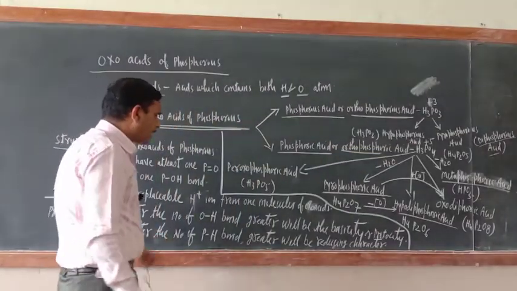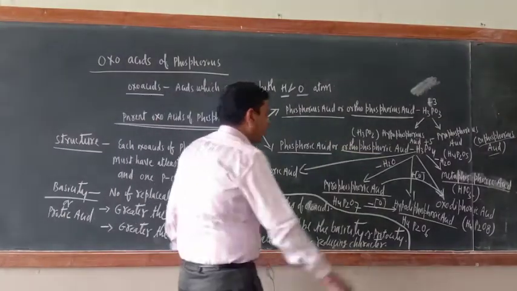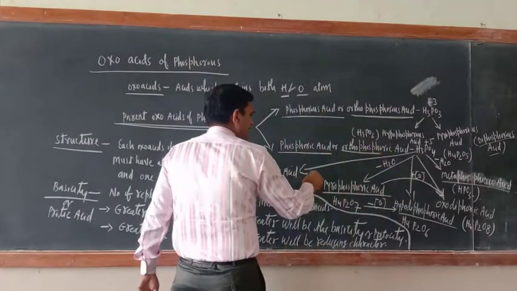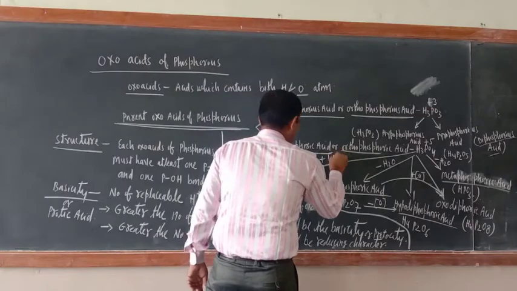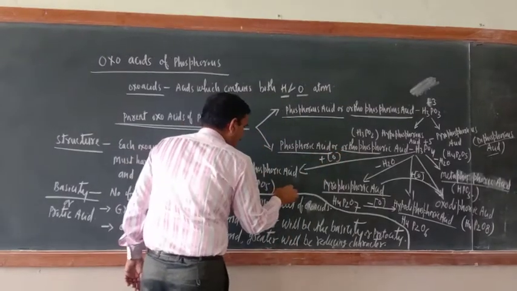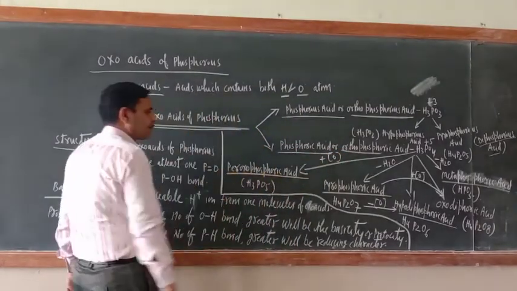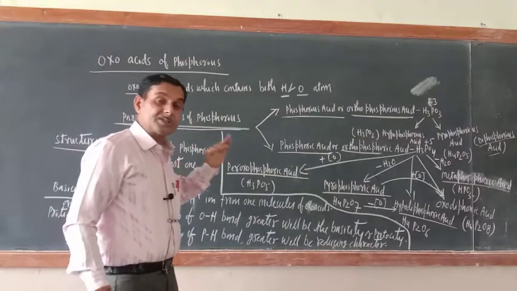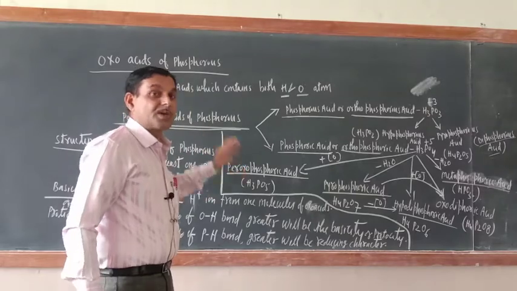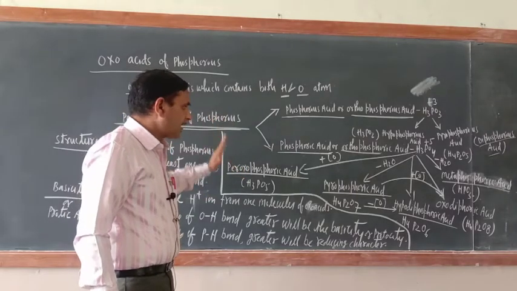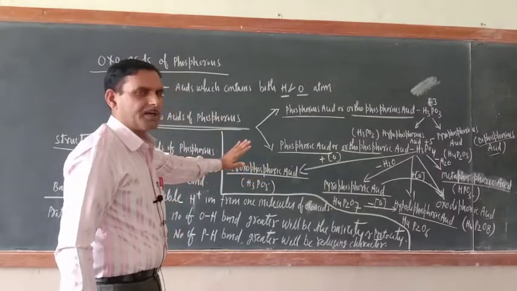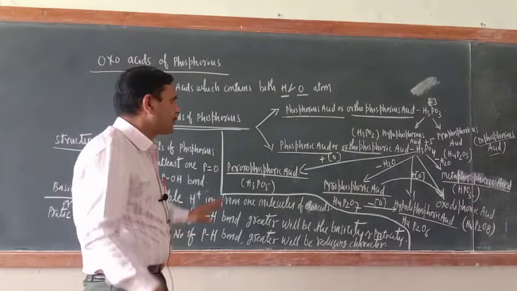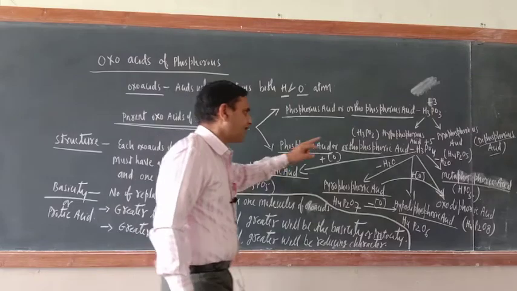Another one more is there. Now from phosphoric acid you add one oxygen, then you will get the peroxophosphoric acid. I am hoping that still clarity is not there, but don't worry, when I tell you how these acids are formed, definitely you will come to know. So total how many oxo acids of phosphorus are there?